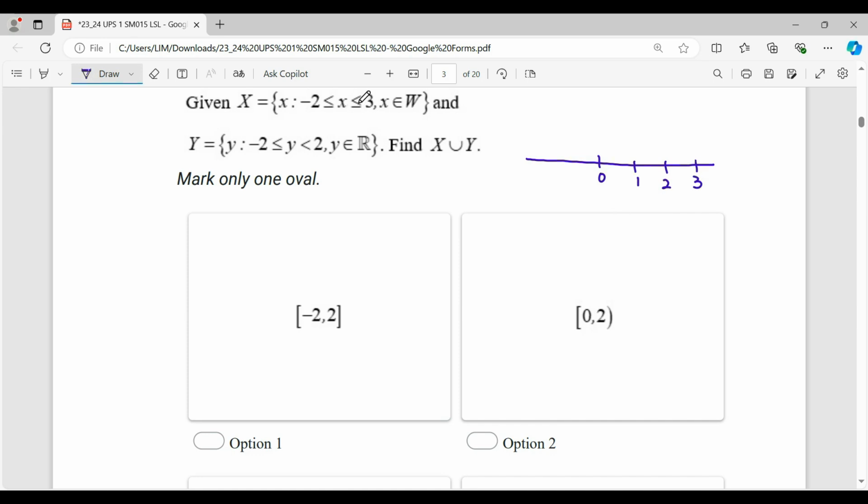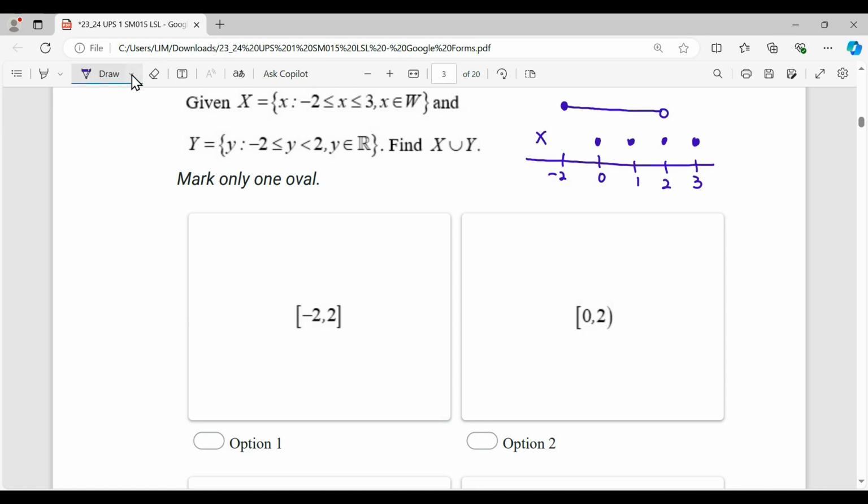So 3 is included, and whole number means the solid number only. In between 2 and 3, we don't have a number, so don't draw the number line here. So this is our number line of x. Then the number line of y will be all the real numbers, meaning all including the decimals, starting from negative 2 until 2. So negative 2 is included, 2 is not included.